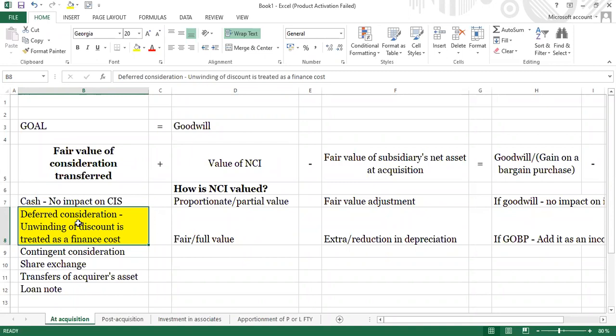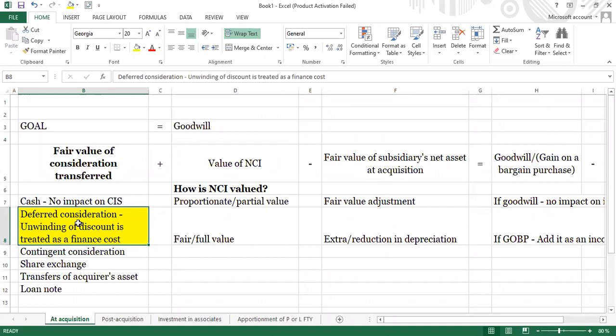So most times you would have learned that because of the timing of acquisition and the settlement, there is always a gap. So you would have to discount that future value to present value. The difference between the future value and the present value will be treated as a finance cost.